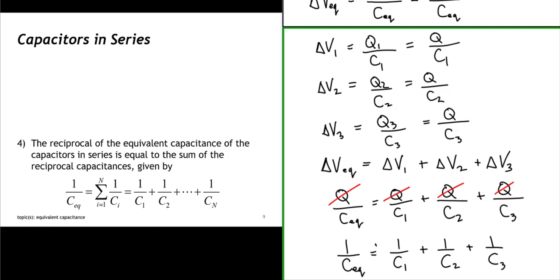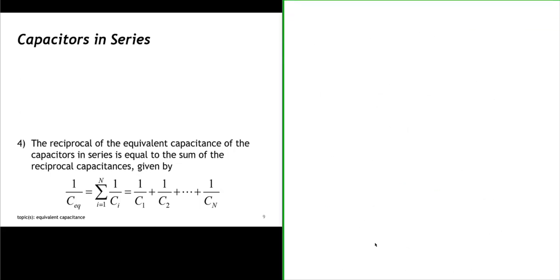Now this can be generalized. We did this for 3 capacitors, but really, we could find the reciprocal of the equivalent capacitance for any number of capacitors in series. And that is just equal to the sum from i equals 1 to n of the reciprocal of the capacitances.